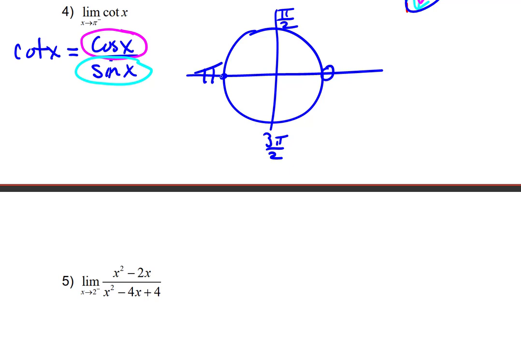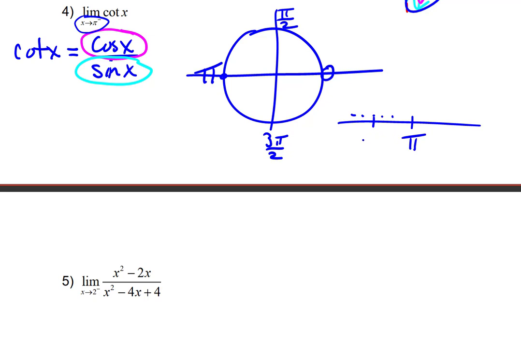Now, as x is approaching pi from the left, this is where it gets a little interesting. What we're going to do is imagine a number line that's wrapped around this unit circle. So if I take a number line and throw pi on it, and then I'm approaching it from the left, really I'm approaching it from values that are less than pi, right?